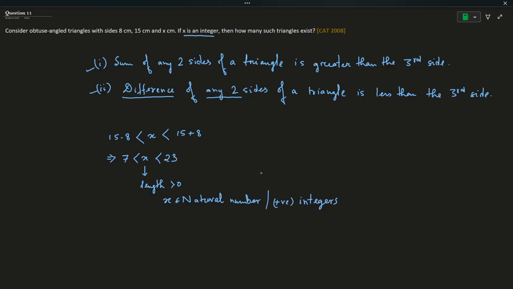So what are the possible values of x till now? Till now we can say x can be 8, 9, 10, 11, 12, like that, till 22. That means with these values of x, I can form a triangle.